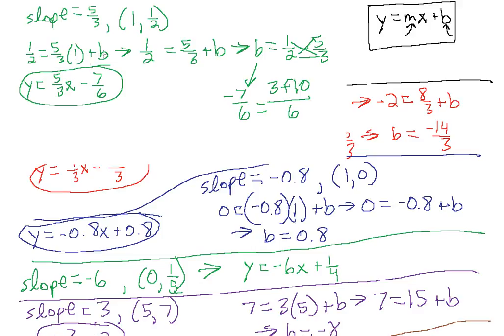So we're given the slope of a line, and we're given one point that the line passes through. We can use what we know about slope-intercept form to write a general equation. We can take the x and y coordinates of the point, plug them into our general equation along with our slope, and solve for b. Once we have our b, we can go back and write the general form of the equation of the line.